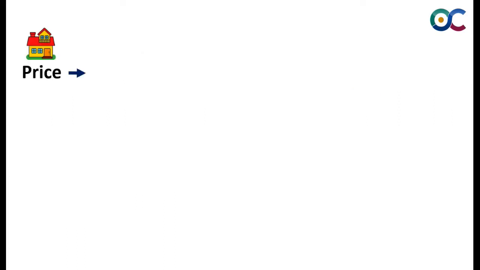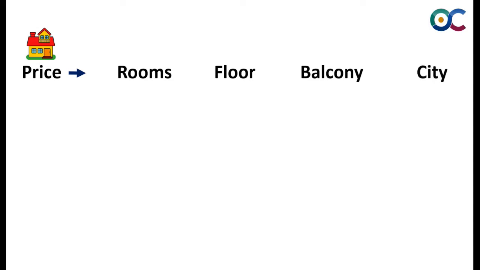So what this means is that the house price is a function of how many rooms it has, on which floor it is, whether it has a balcony or not, and whether it is close to the city center.